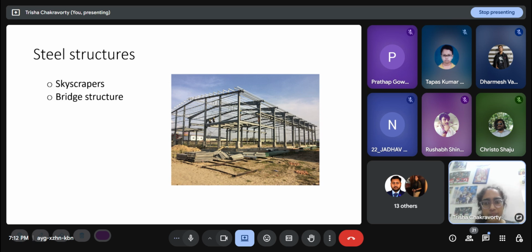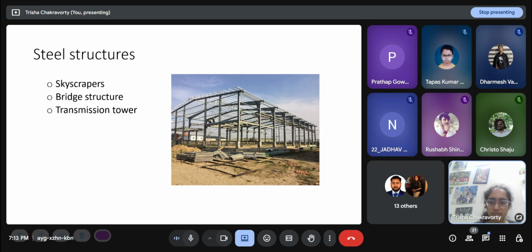Bridge structures. One of the most famous bridges of India is the Howrah Bridge of Kolkata. It has a steel truss structure, so it is basically a truss holding up the deck of the bridge, and the truss itself is made of steel members.